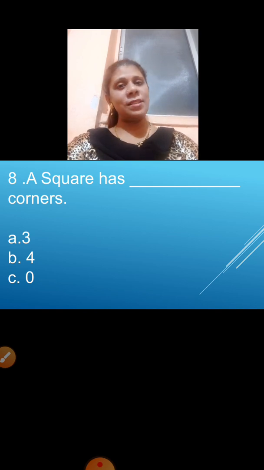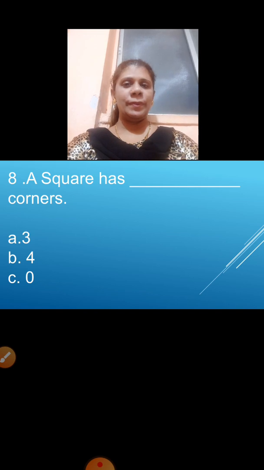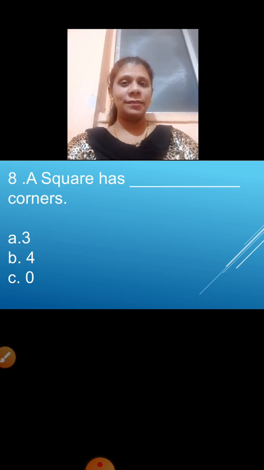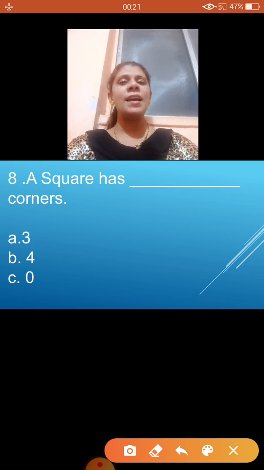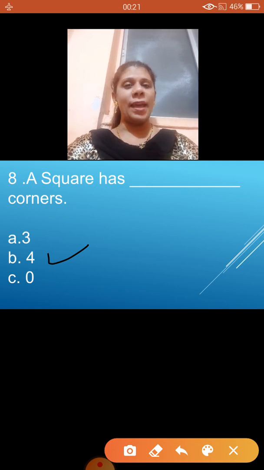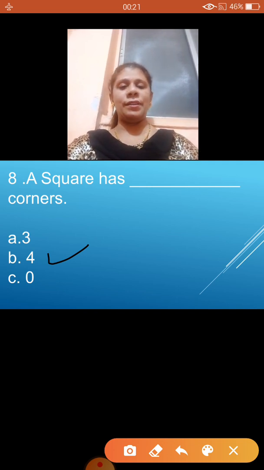No. Then 4? Yes, correct. A square has 4 corners. Correct.